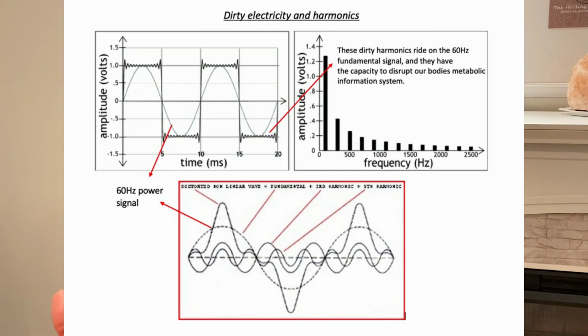If you remember from part 1 of my electric field series, I touched on harmonics. When we looked at the power system coming into our homes, especially here in North America, it's a signal oscillating at 60 times per second, and the harmonics are just multiples of that.